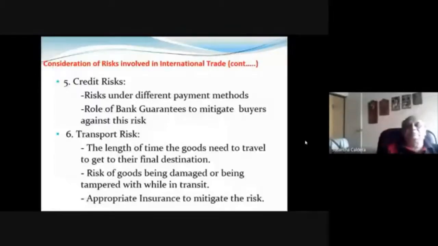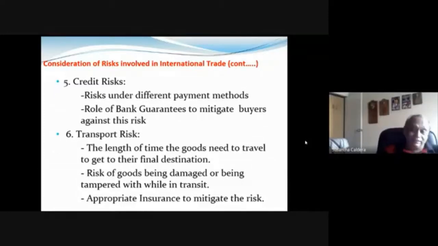Credit risk, that is the risk of whether the buyer can pay or not. Risk under different payment methods that we have discussed: open account and advance payment. I'm not going to repeat it.